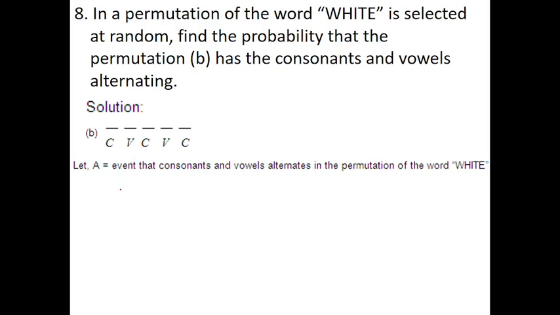So, hanapin muna natin yung total number of possibilities para sa event A. Event that consonants and vowels alternate in the permutation of the word white. So, para malaman natin yan, consonant. Ilan yung consonant natin? 3.